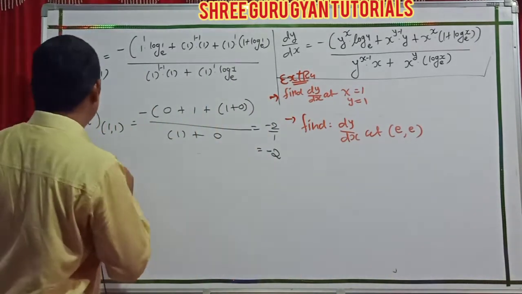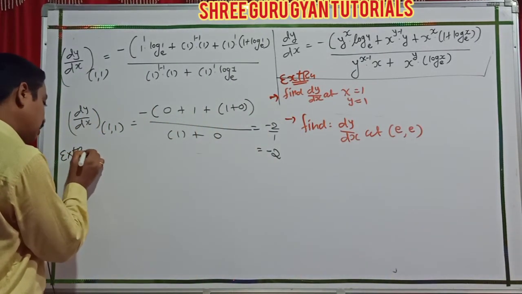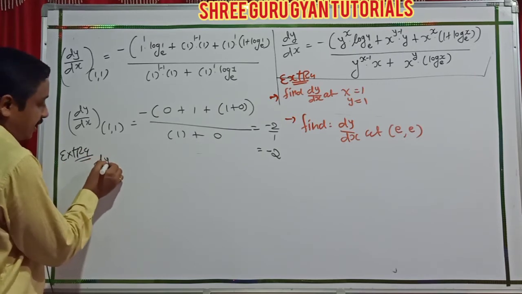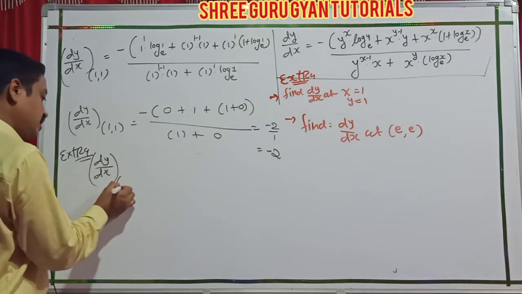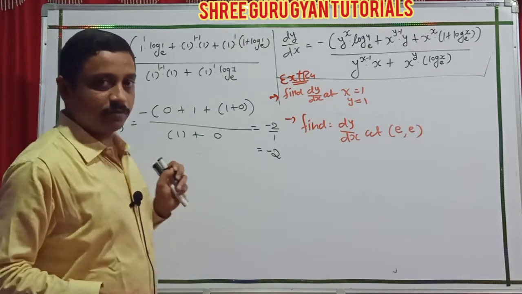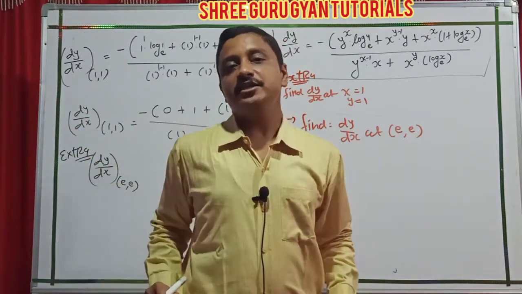explained at the extra level. You write down all this in your notebook. dy by dx at e comma e. It means students x is e and y is e.